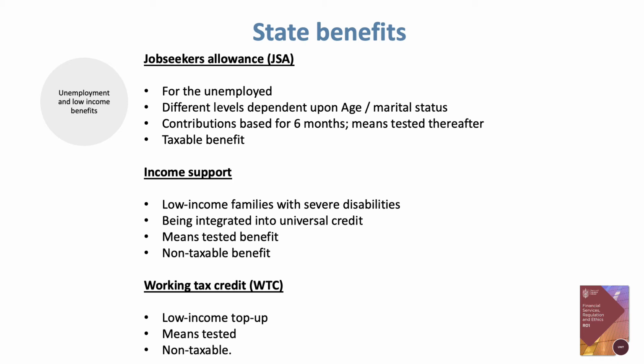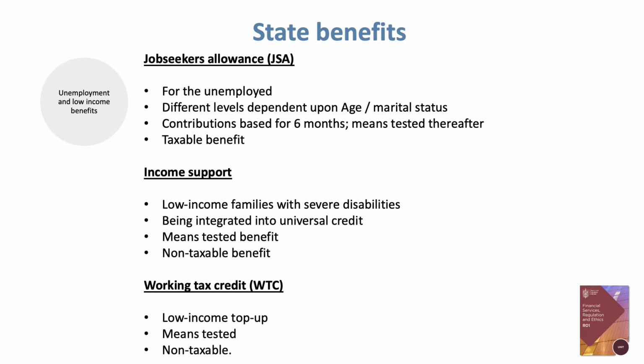So you will be under total assessment and long-term assessment here. Then we've got income support. Income support essentially is being integrated into universal credit as well. This is a low-income family support mechanism for those that have got children with severe disabilities. Generally speaking, means tested, non-taxable benefit.